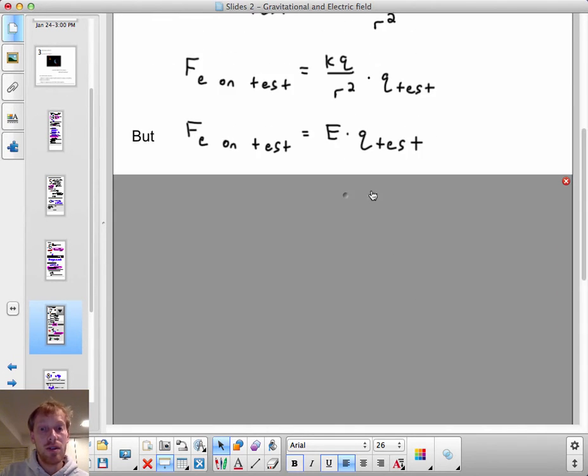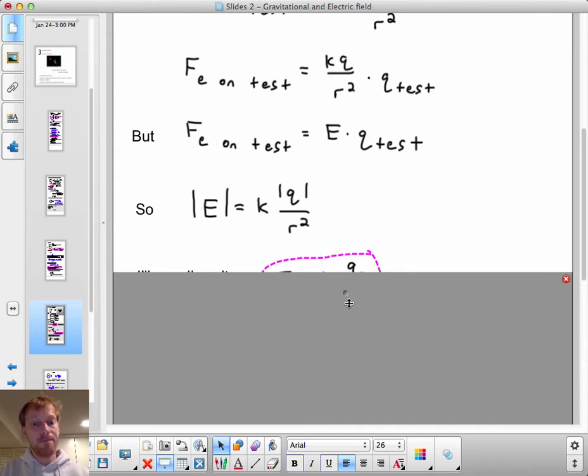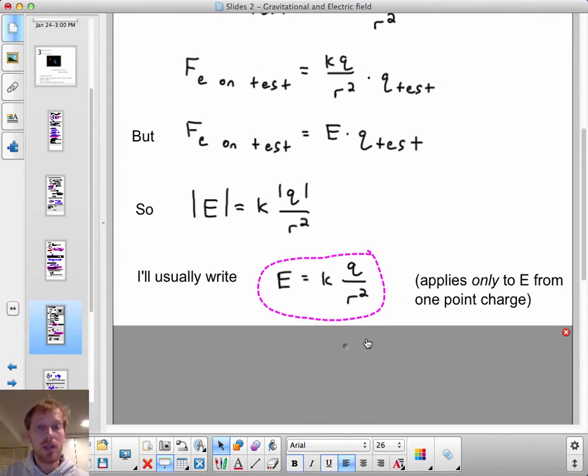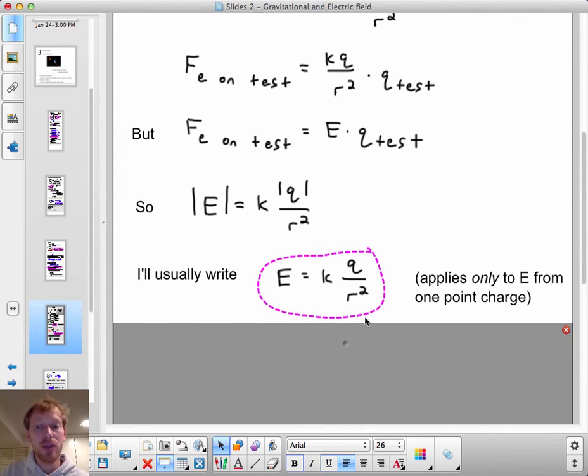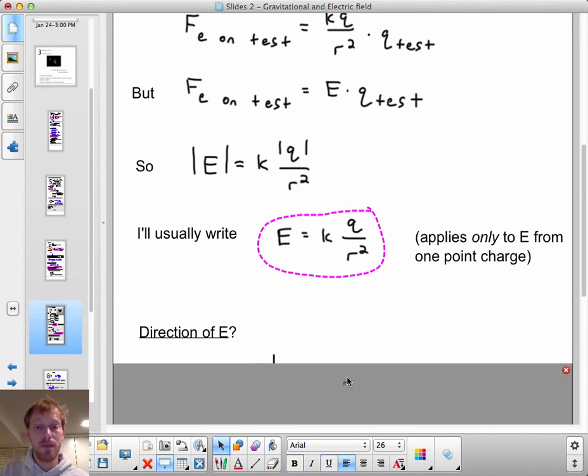And so, yeah, the amount of electric field at a location is equal to k times the amount of charge creating the electric field divided by the square of the distance between the charge creating the field and the location that you're talking about. Usually I will drop my magnitude signs. This is an equation, again, that only describes the electric field from a point charge.